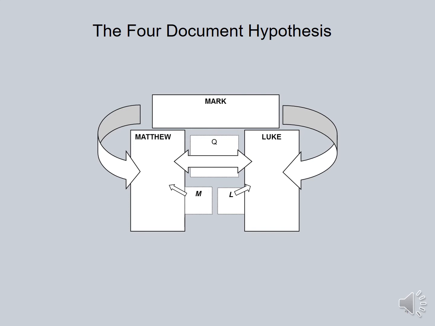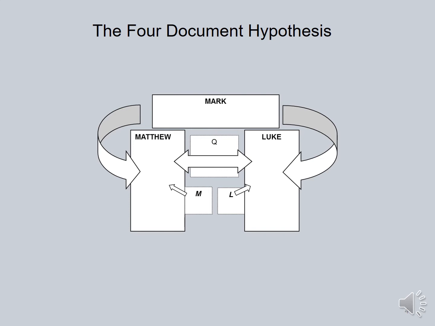The answer is known as the four-document hypothesis. Early in the 20th century, scholars particularly associated with Oxford University and a scholar by the name of B.H. Streeter came up with the four-document hypothesis.